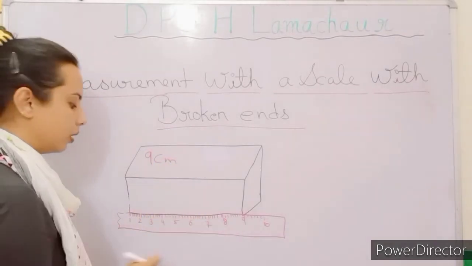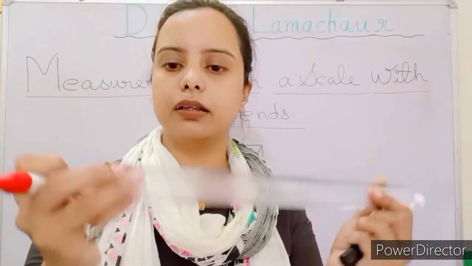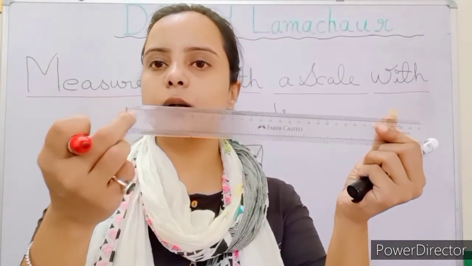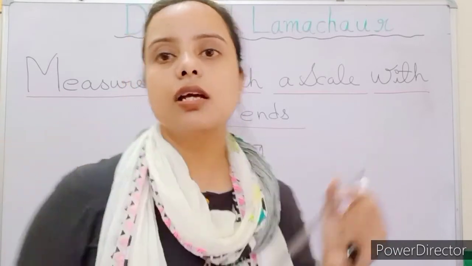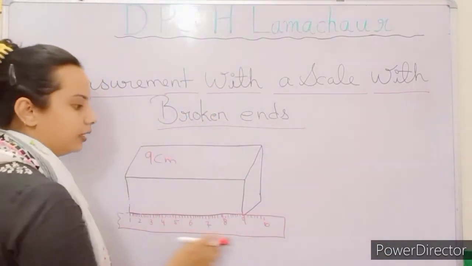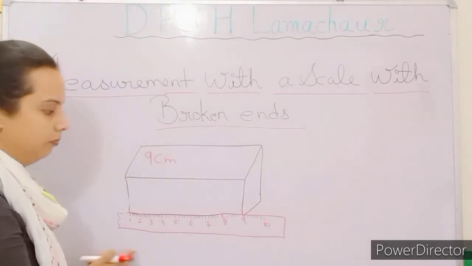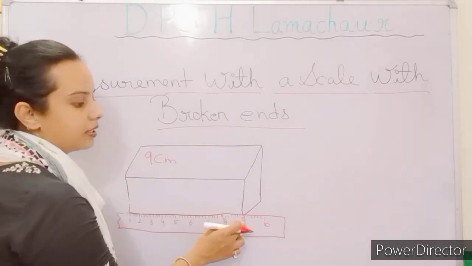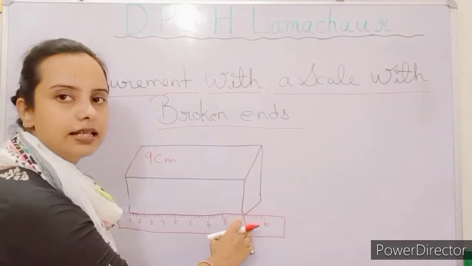ठीक है, so now what you do, as you know that it is broken from here, so we count this part as a 1. ठीक है, अब 1 के बाद क्या होता है, अगर हम यहाँ से लेते, so the length आपकी क्या होती, 10 सेंटीमीटर होती, तो आपका 1 सेंटीमीटर तो आपका टूटा हुआ है स्केल. So what you do, you take this reading with the broken scale, your reading is 9 centimeter.